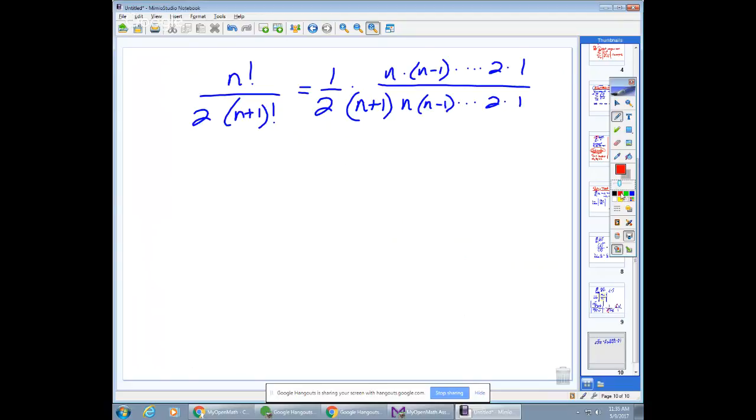Here's why I love the ratio test: I get to cancel lots of stuff when there are factorials. Look at that. n divided by n is gone. n minus 1 divided by n minus 1. 3, 2, 1. Everything divides out except that one little piece. So what I'm left with is 1 over 2 times n plus 1 after I clean that up.